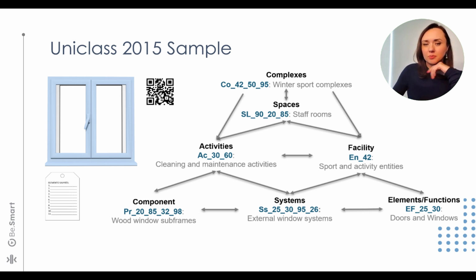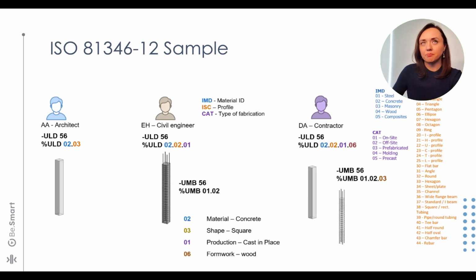It shows tables and their relations. Uniclass 2015 is organized into a series of tables, each representing a different aspect of construction, such as building elements, activities, and spaces.